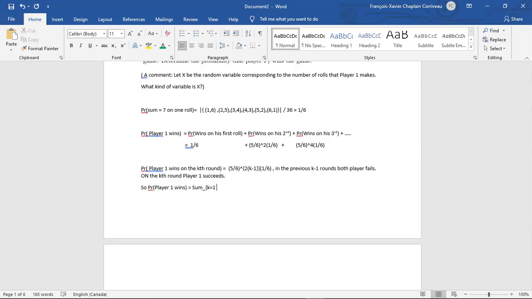And what is the range of my summation here? How far can I go? How many rounds could this take? Infinity, exactly. So again, this question, we've dealt with it in the assignment. Just going over it again. So the sum from k equals 1 to infinity of these probabilities, so of this thing.